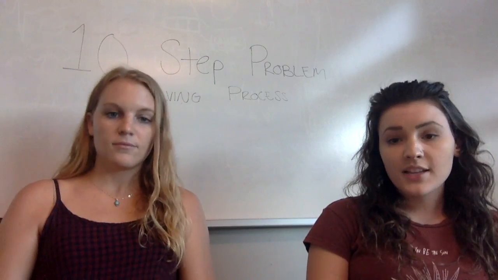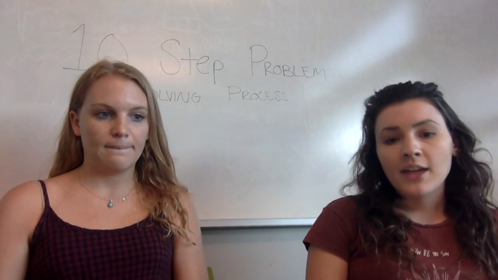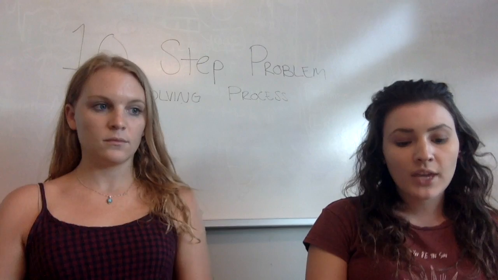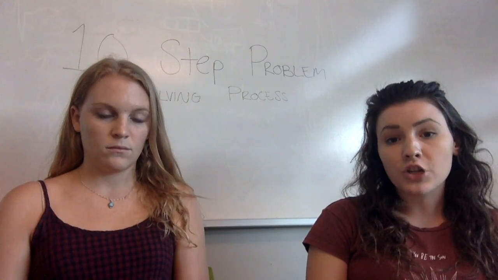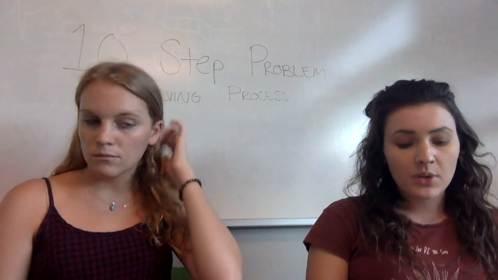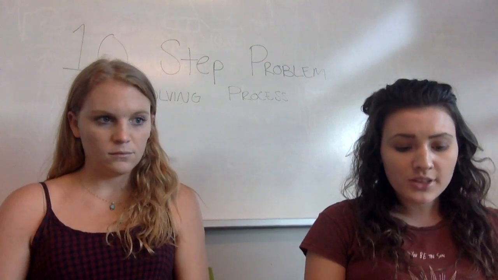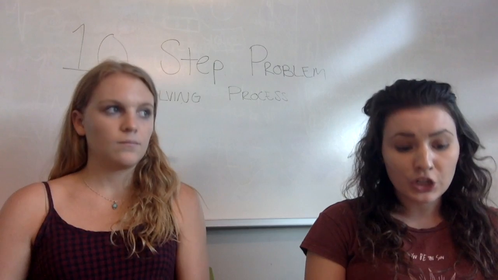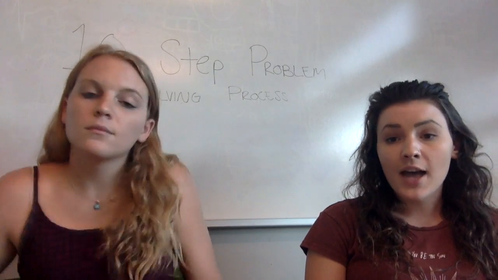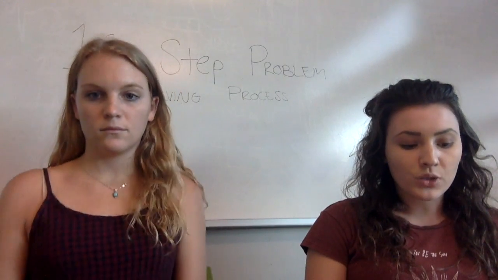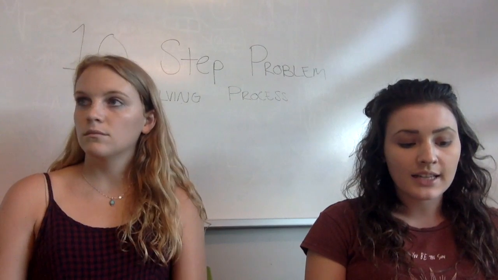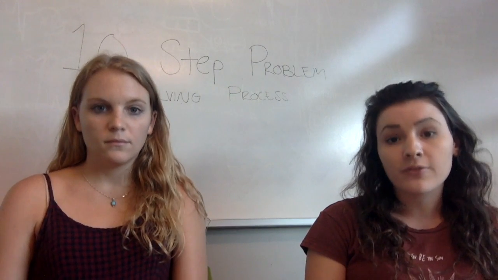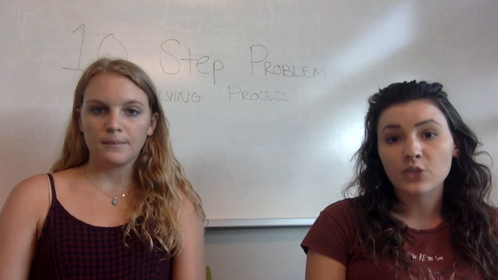So step 4 is to isolate the problem. And while it may sound simple, you can't solve a problem without first knowing what it is. So that's going to be your 4th step, just isolating what you're going to be working on, finding your main concern, focusing on that main need, and really trying to come up with an individually tailored solution for that student or group of students that you're working with.